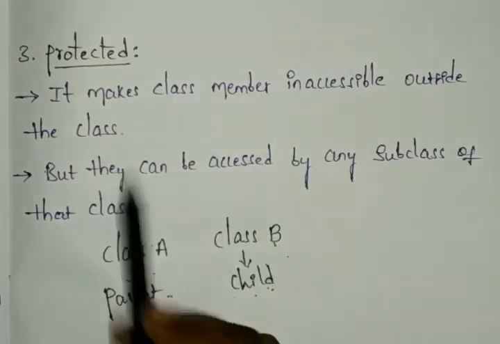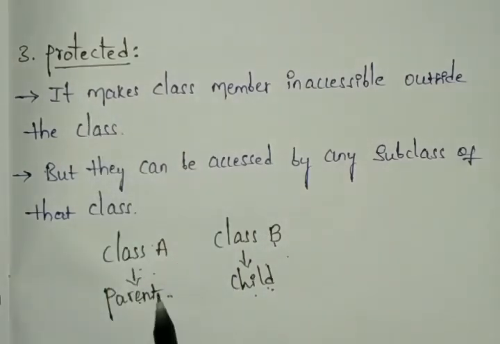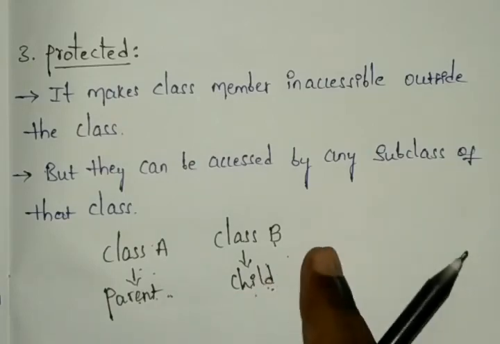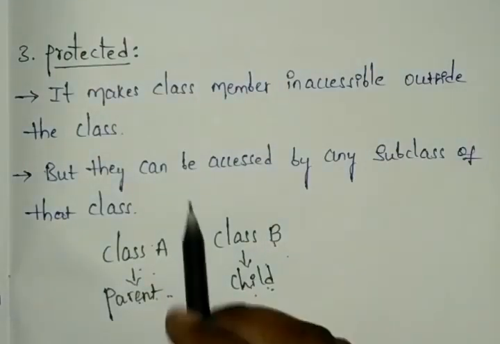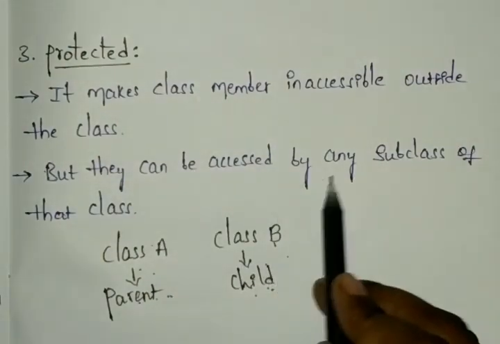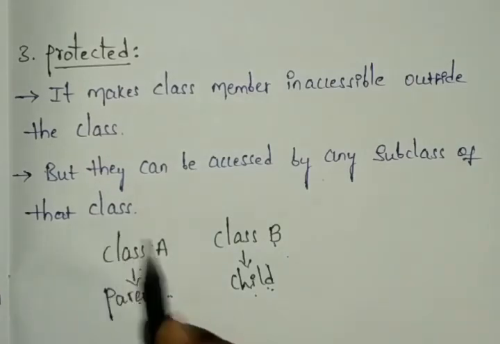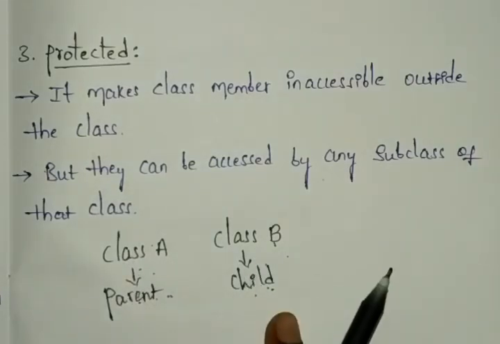In that case the parent is protecting its children, and for that case we can use the protected keyword. It can be accessed by any subclass of that class, so the parent and child relationship works here.